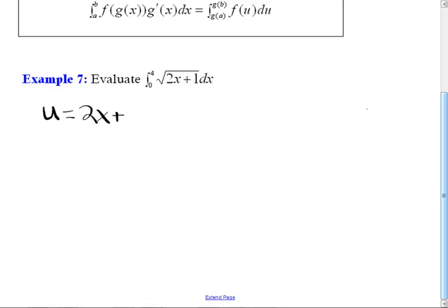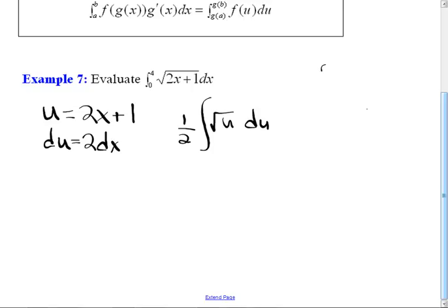We are not going to integrate it. So what's du? It'll be 2 dx. So I'm going to have the antiderivative. What's going to be out in front? 1/2. And then this is going to be the square root of u, du. So on the exam, the first choice is going to be this.